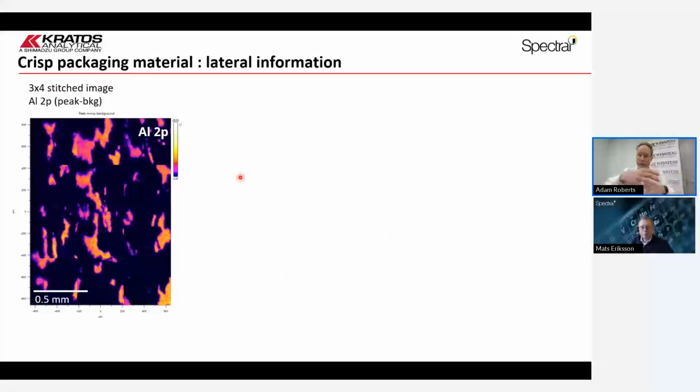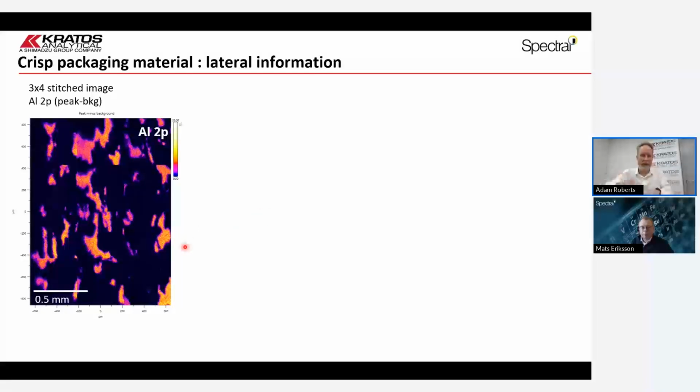So we've talked about homogeneously uniform samples analyzed by XPS. This is in fact laterally inhomogeneous, and by acquiring a series of XPS images over a stage movement, we can look at the aluminium distribution, and we can see that it isn't indeed homogeneous.